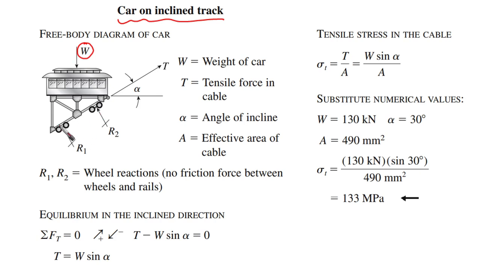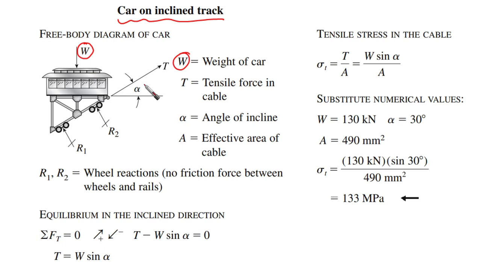We have, of course, some reactions, which are going to be at the wheel location of this system, but we are not going to be interested in them because we are interested in the inclined direction, not in the direction perpendicular to this incline. So always we are going to have our equation of equilibrium on this inclined track.